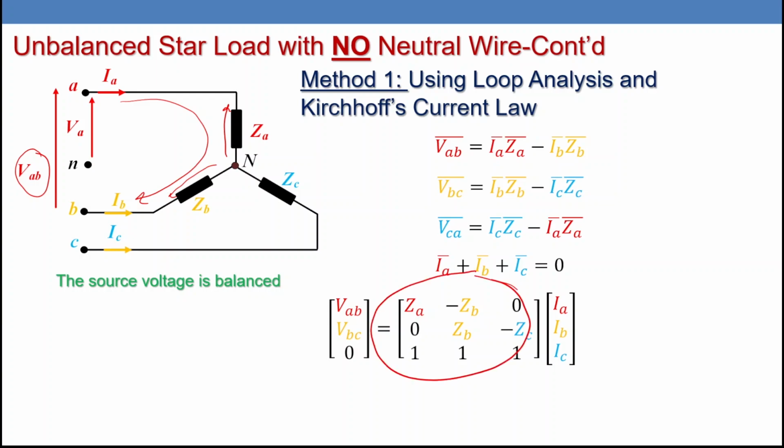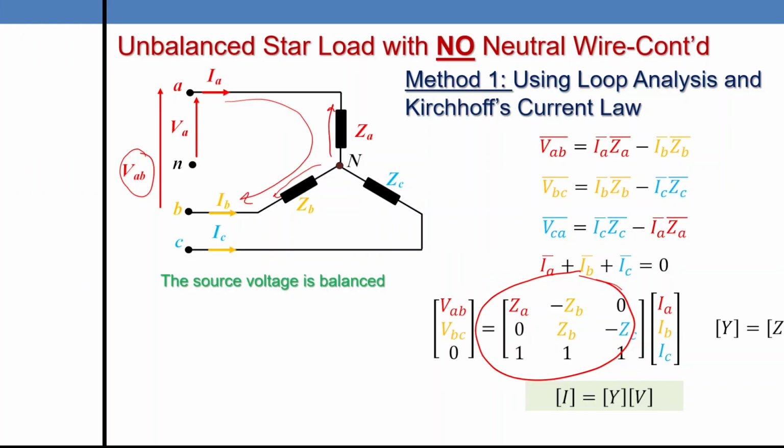We can put that one as admittance where Y equals Z inverse. So we can write the equation that I as a vector equals Y multiplied by V. We are going to use a MATLAB M code to solve this problem. We can solve the problem manually, but it takes a long time and is somewhat complicated because we have polar and rectangular forms. But MATLAB is going to solve the problem quickly and effectively.